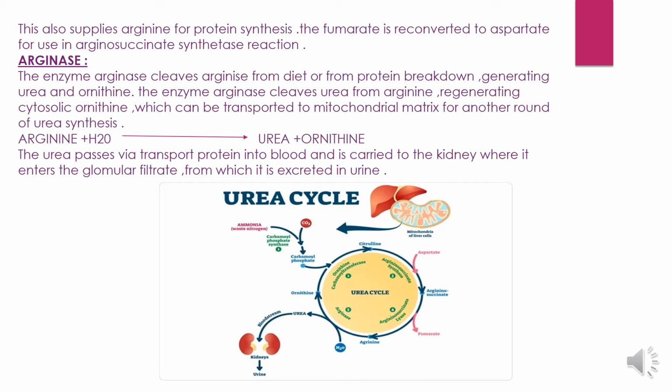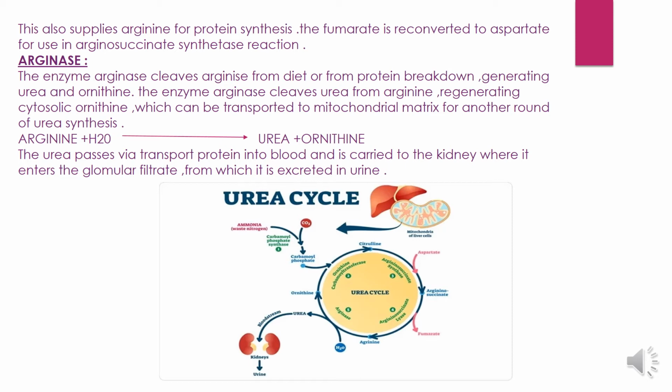Arginase: the enzyme arginase cleaves arginine from diet and from protein breakdown, generating urea and ornithine. The enzyme arginase cleaves the urea from arginine and regenerates cytosolic ornithine, which can be transported to the mitochondrial matrix for another round of urea synthesis.